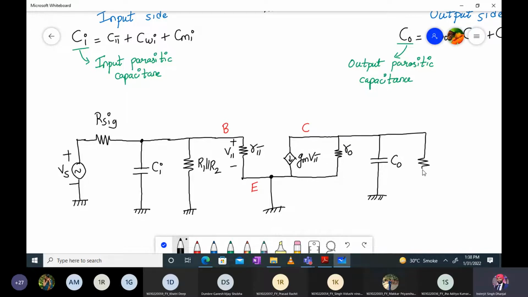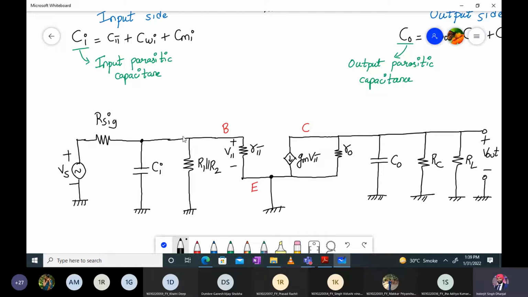I can draw them separately also. And here we have the output. So please draw the circuit along with me over here. All these are grounds. This is RC, this is RL, and this is plus minus V out.